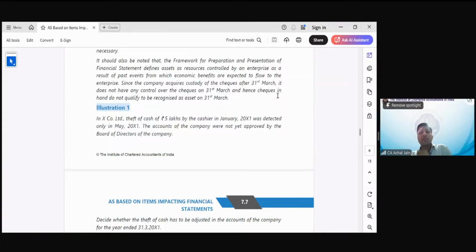Should this be an adjusting event or not? And why? Over to you quickly. So in this case, will you call this theft an adjusting event or not? Quickly, over to you.